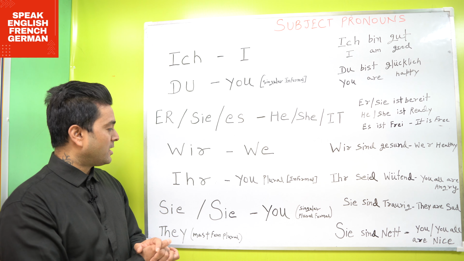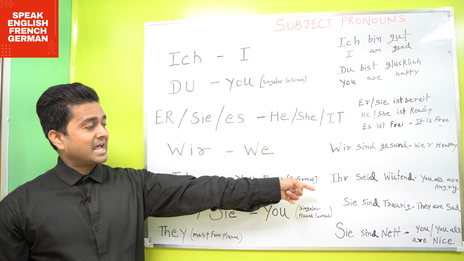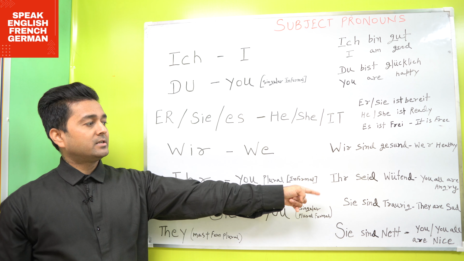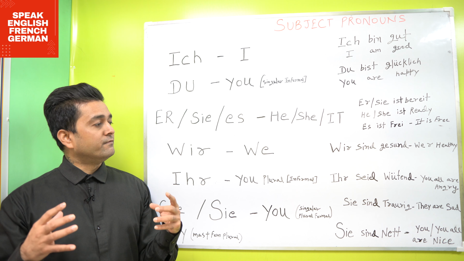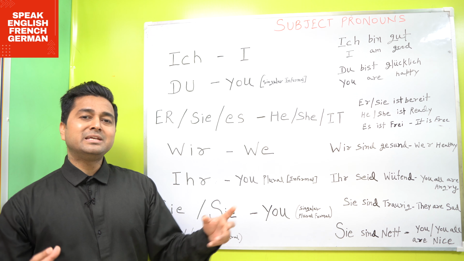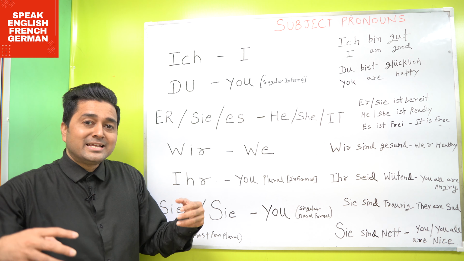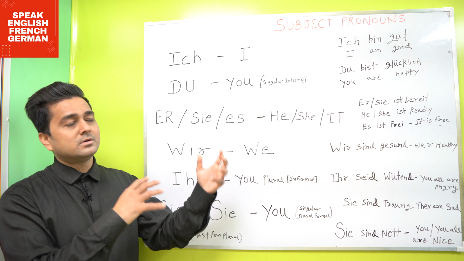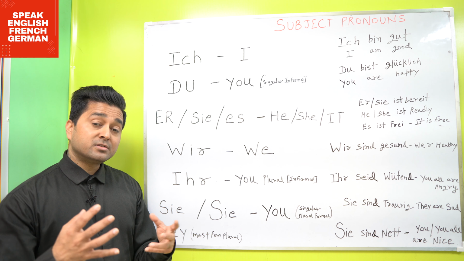Now let's talk about the next example here. We are using "ihr". I made an example like "Ihr seid wütend". "Ihr seid wütend" means you all are angry, so "wütend" means angry. I'm using new words because I want to make sure that you also increase your vocabulary, because whenever you learn the German language, you have to know new words, and that should be your responsibility as well.